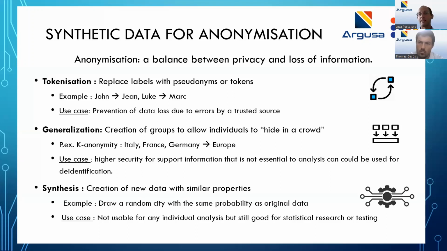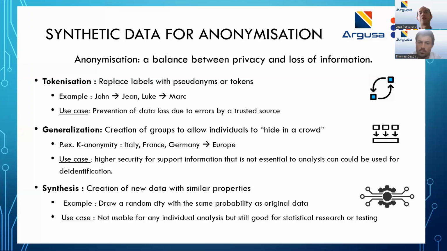So using synthetic data, fully synthetic data is the most secure method, where essentially you do statistically generated synthetic data, detecting the properties of the dataset, and then reproducing new data with the same properties. An example could be drawing a random city from a list of cities with the same probability as the input dataset.